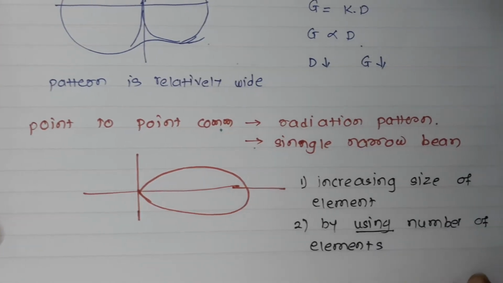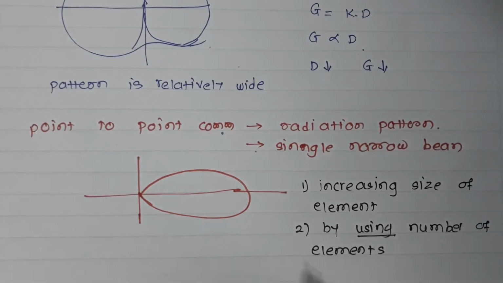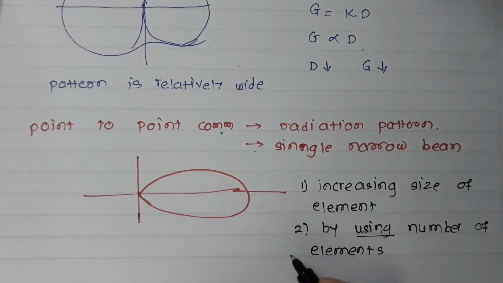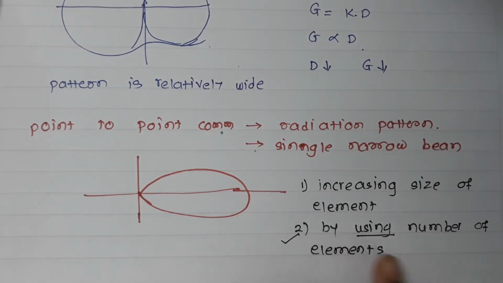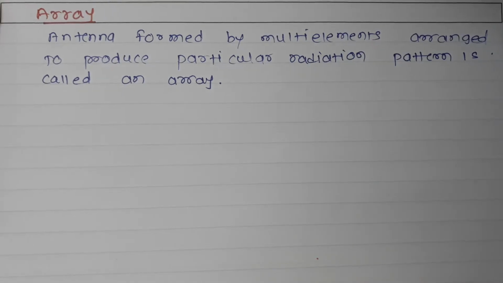So how can we get all these things? In this particular section, where we are talking about arrays, we are going to implement these things. We are increasing the number of elements. Now let us see what we mean by an array.